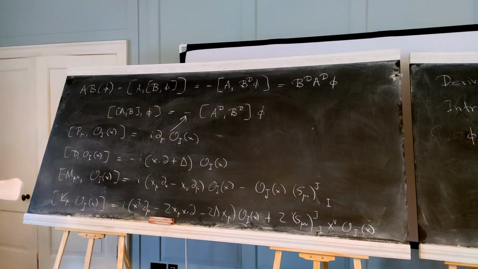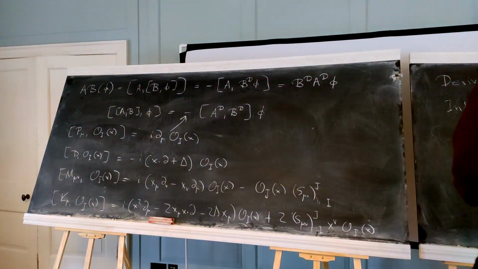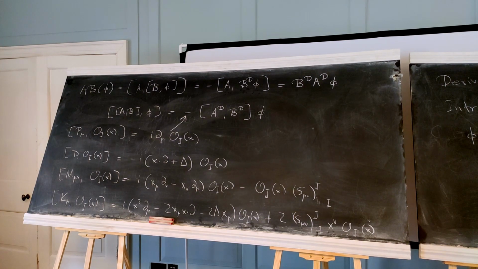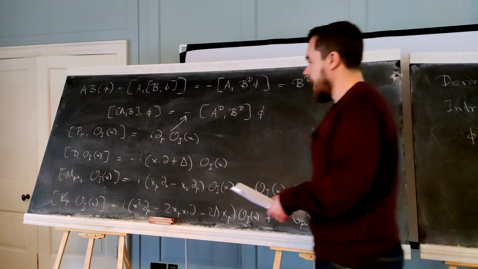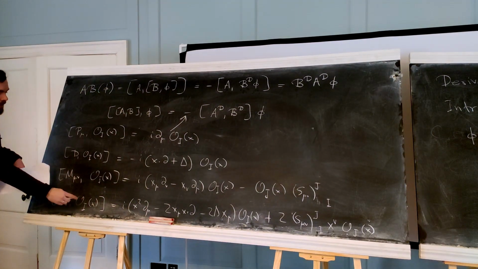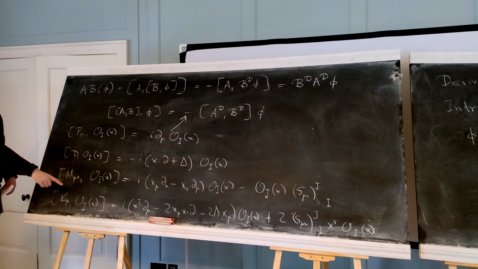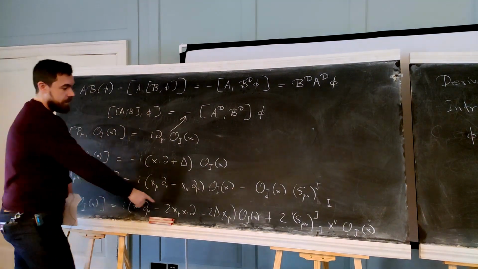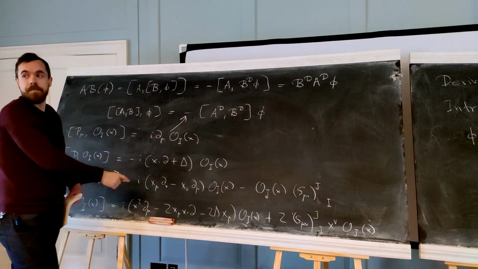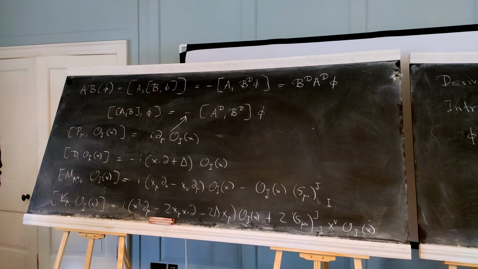And I wrote them because I'm pretty sure the signs are all correct, which they are usually not in the literature. Okay. So look at this over here. Remember this we said is an operator O_i that is a primary. If I take this operator O_i to sit at the origin, x equal to 0, then this whole right hand side is 0. Okay? So an operator that's a primary is annihilated by K mu when inserted at the origin.